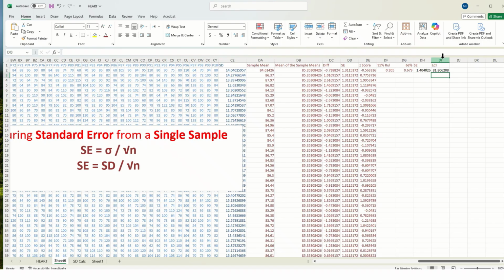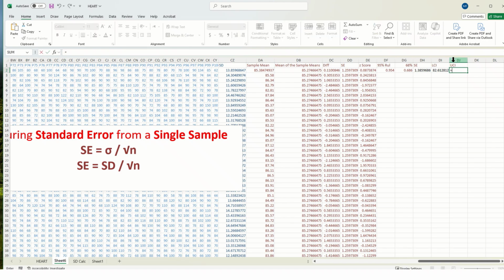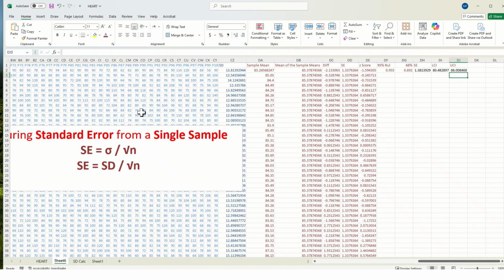And the upper bound, upper confidence interval, would be equal to the sample mean plus 2 times the standard error, which is this value. And in fact, we should put it in parentheses so we do not mess up the calculation. Okay, and we see that the upper bound is 86 millimeters of mercury.